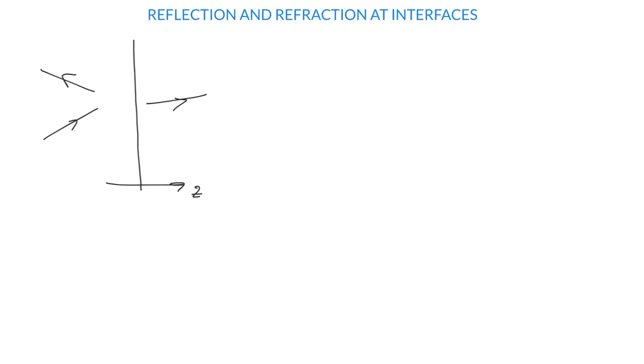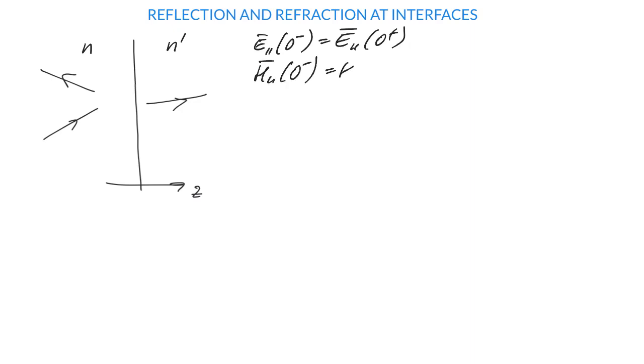We introduce indices of refraction on the two sides of the interface, which we will denote n and n prime in this case. And then recall that the boundary conditions are E parallel on the left, so we can call it 0 minus, equals E parallel 0 plus, so immediately to the left and to the right of the interface, and same for the magnetic field.